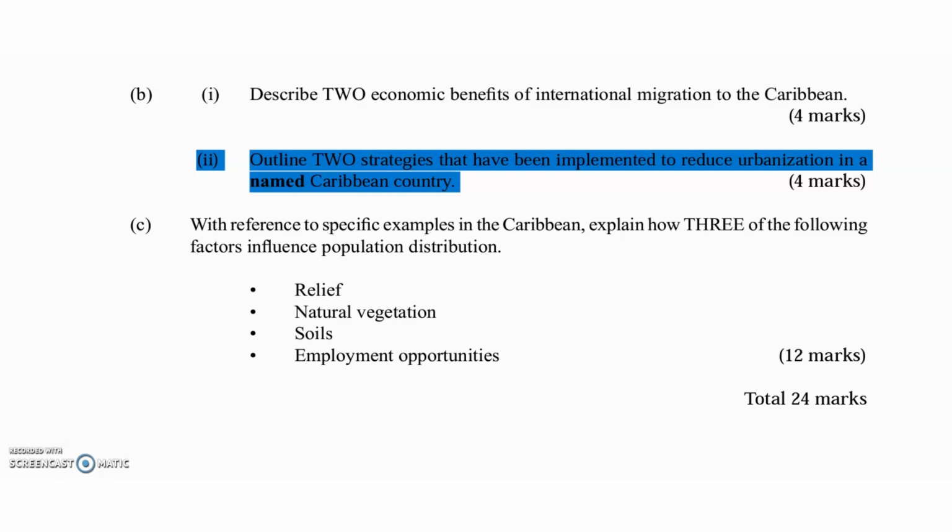Number one, there was the decentralizing of businesses from the capital. Now, in the early 90s, you would have seen everybody gravitating towards the capital, primarily because it is the area where administrative buildings and employment opportunities were very pronounced.